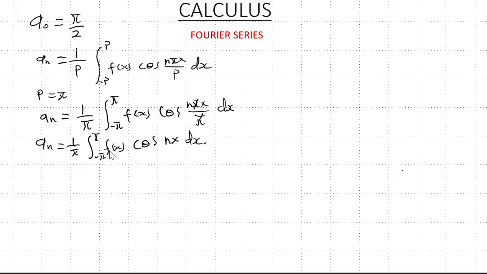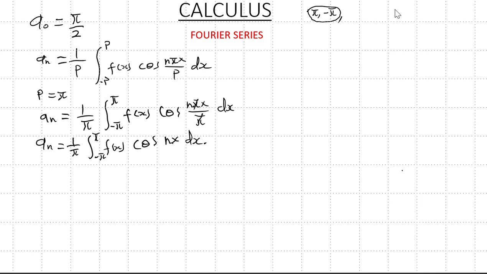Now that we have it like this, in the question the interval was negative pi to pi. But within the negative pi to pi there were two intervals where we get a function.